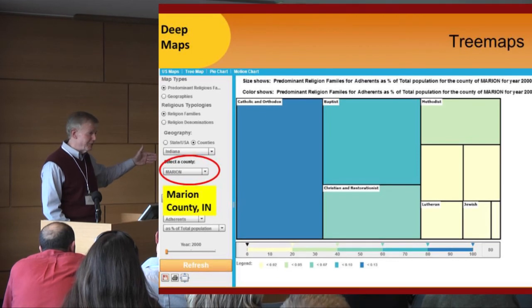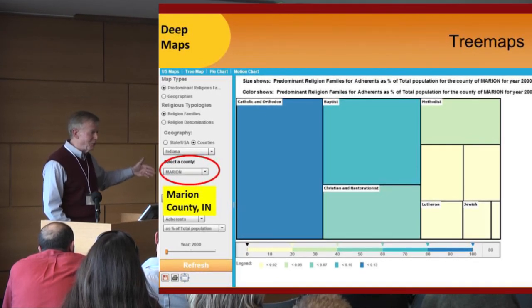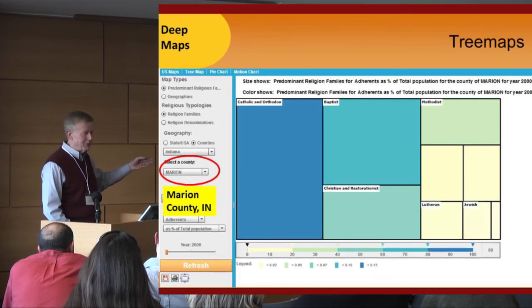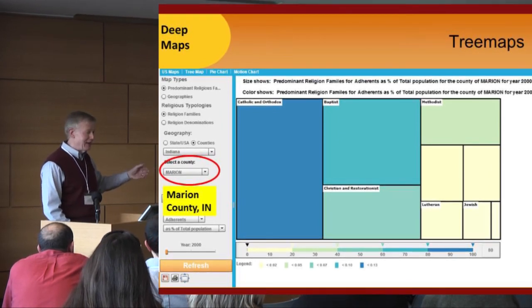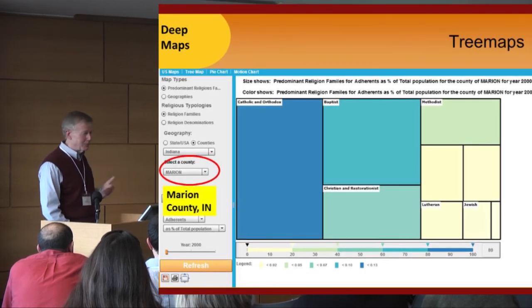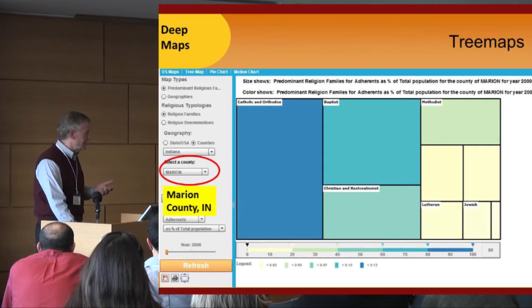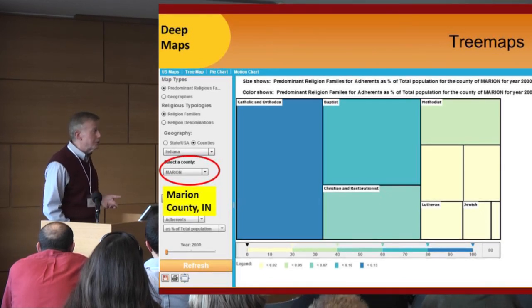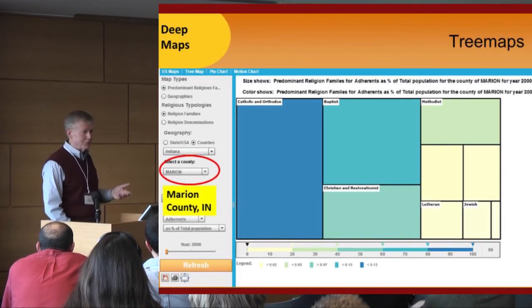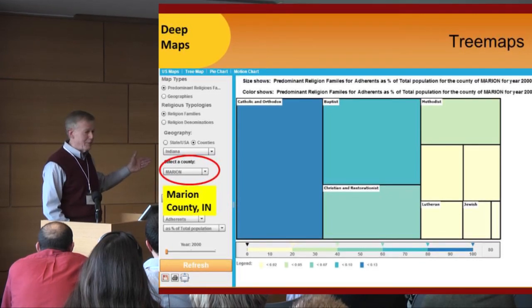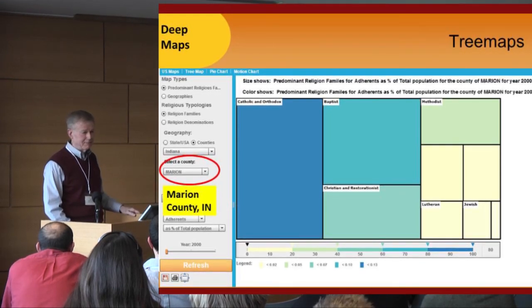But at 18% of the adhering population, which is itself only half of the total population, then you see it's a relatively small percentage. In Los Angeles, where we work with a companion center, the Center for Religion and Civic Culture at the University of Southern California, there are over 600 religious denominations. And so only a tree map allows you to get at that kind of complexity.